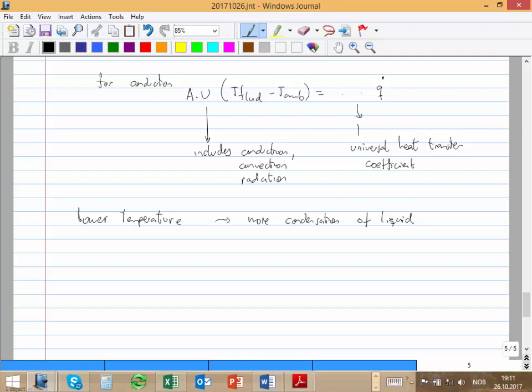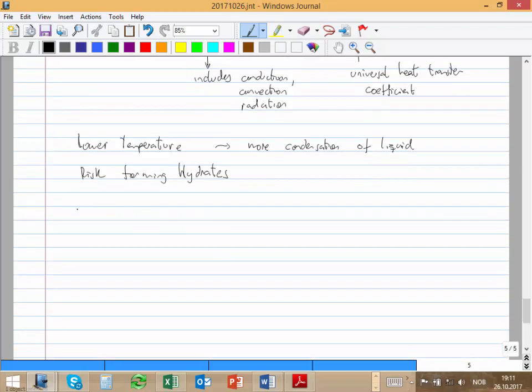But also, one thing is that you risk forming hydrates. Now we're going to talk a bit about what hydrates are. Usually when we are at a pressure of 12 bar and a temperature of 4 degrees Celsius, at those particular conditions, you know the water molecule is like that, O and H. But remember that the oxygen tends to keep all the electrons to itself.